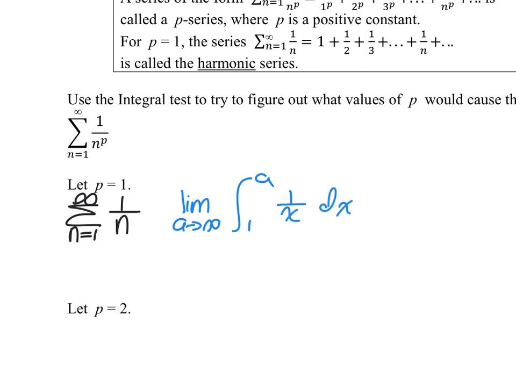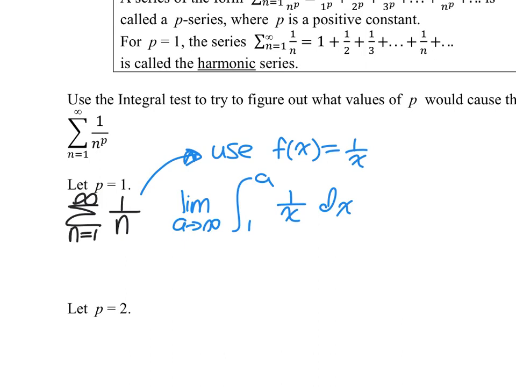And that's because we're using f of x equals 1 over x as an approximation for 1 over n.